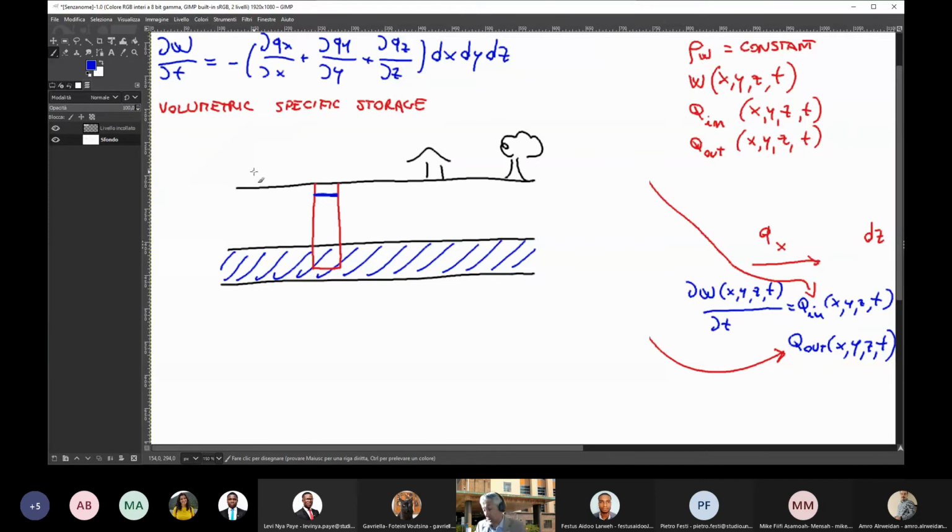Now, of course, an important indicator of the state of the aquifer is the water level in the well. And we call this water level in the well the hydraulic head. We have to refer it to a reference horizontal plane. Let's suppose that this reference horizontal plane is the lower level of the confined aquifer.